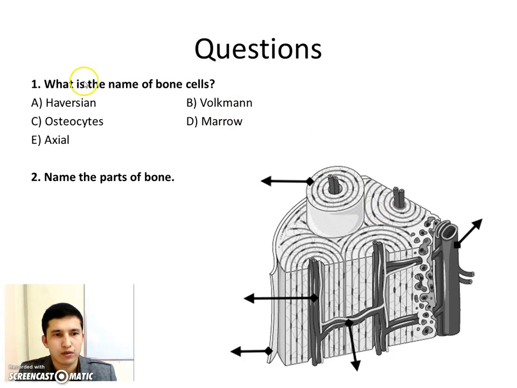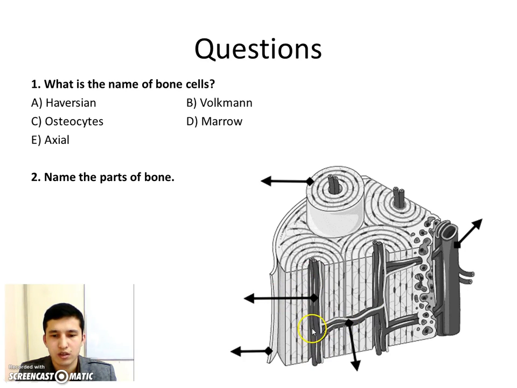So also here we have some questions. What is the name of the bone cells? It will be osteocytes. And let's name the parts of the bones. We said that these vessels are Haversian canals.